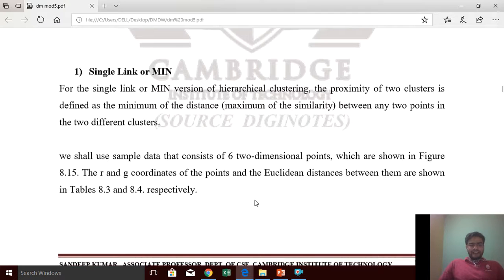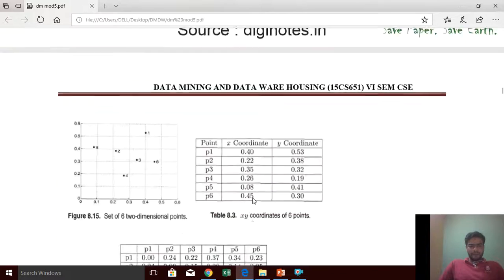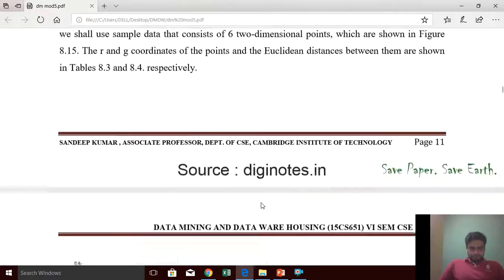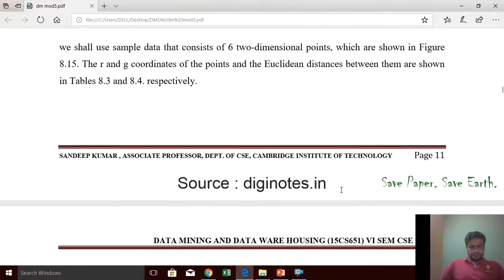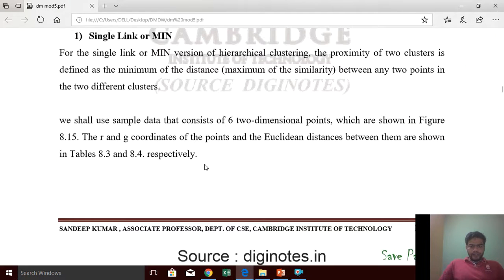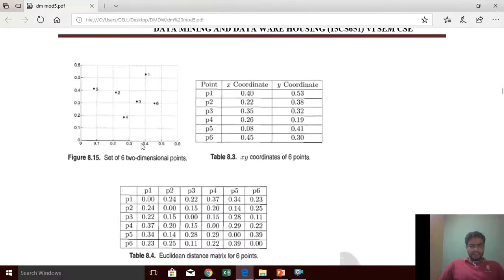We shall again use the sample data consisting of 6 two-dimensional points shown in the figure below. The Euclidean distances between them are given in tables 8.3 and 8.4 respectively. There are 6 points, 1 to 6, and their x and y values are given.